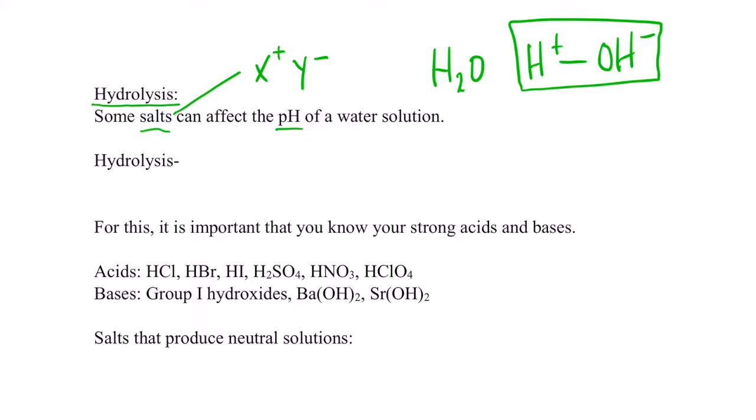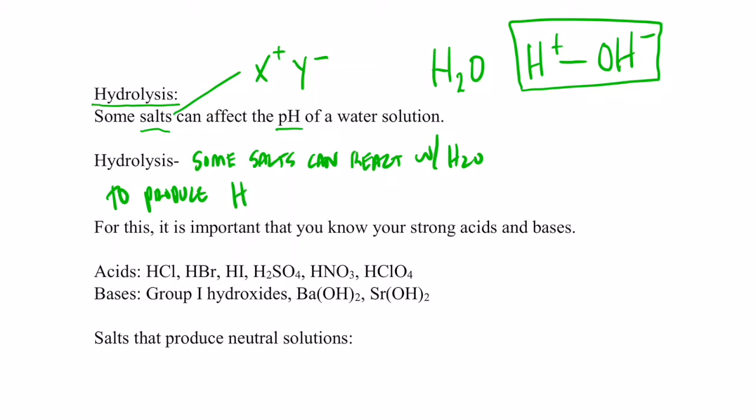Now, the definition of hydrolysis is simply that some salts can react with water to produce either hydrogen ions or hydroxide ions in solution. So in other words, some salts, when we place them in water, can cause my water to become acidic or basic, depending upon how they tear up the water molecule.